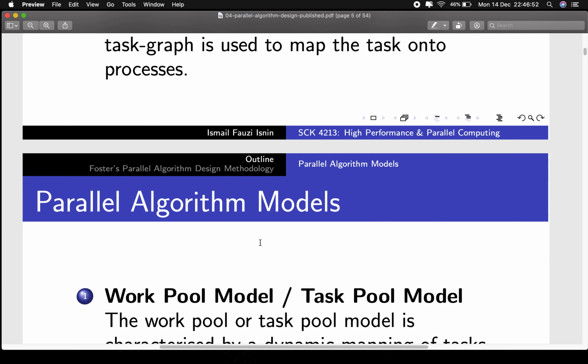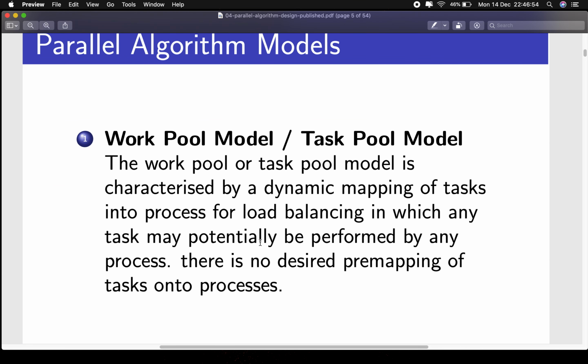The third one is the work pool model, also called the task pool model.